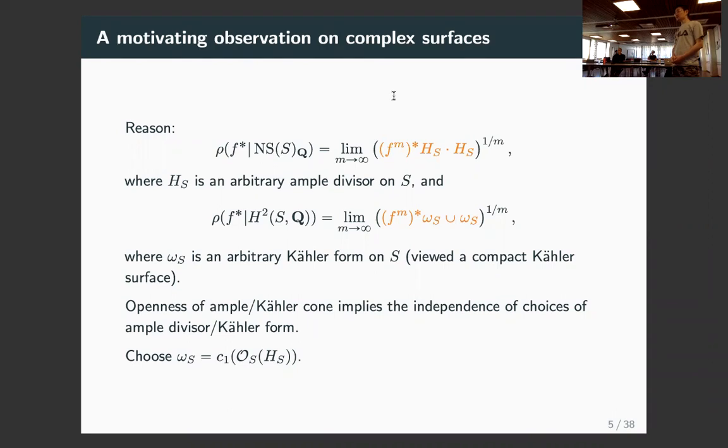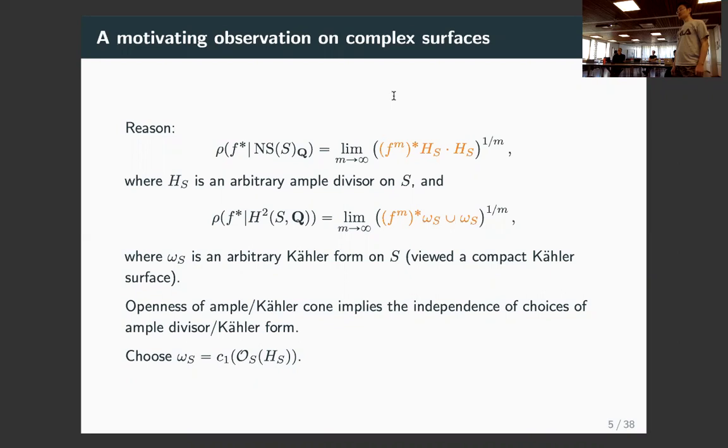You take an ample divisor and consider the pullback action of the mth iterate F^m, and then intersect with this ample divisor again, you get a positive number. So the spectral radius is just the limit. On the other hand, the spectral radius of this automorphism acting on H^2 is also equal to the limit of this pullback action of a Kähler form omega.